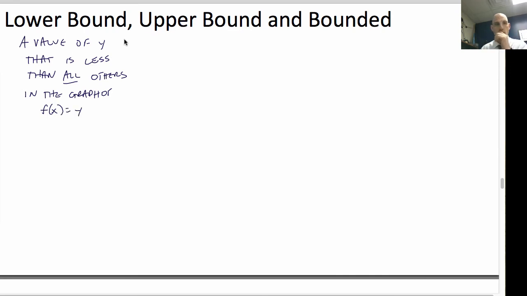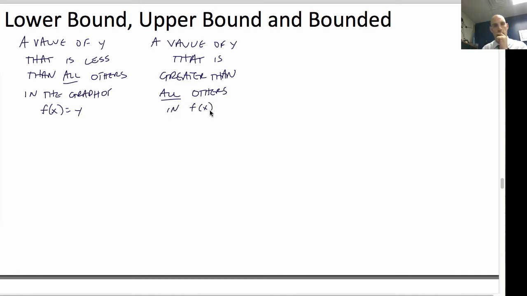Okay? An upper bound is a value of y that is greater than all others in f of x equals y. And bounded means it has a lower and upper bound.